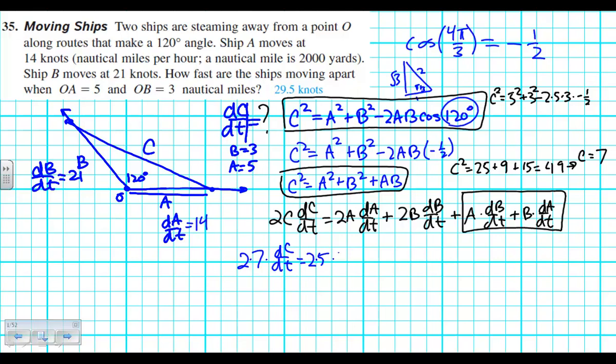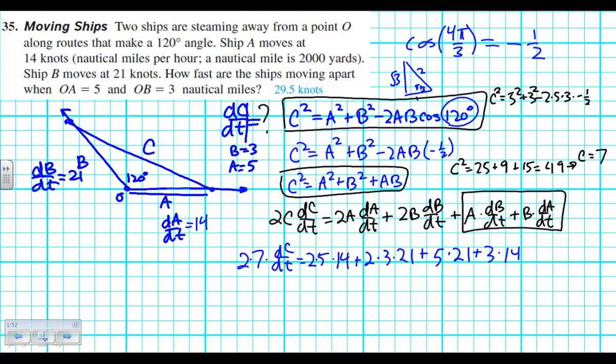Okay, times 14 plus 2 times 3 times 21 plus 5 times 21 plus 3 times 14. Now, at this point, that's a lot of numbers, but it's not terrible.